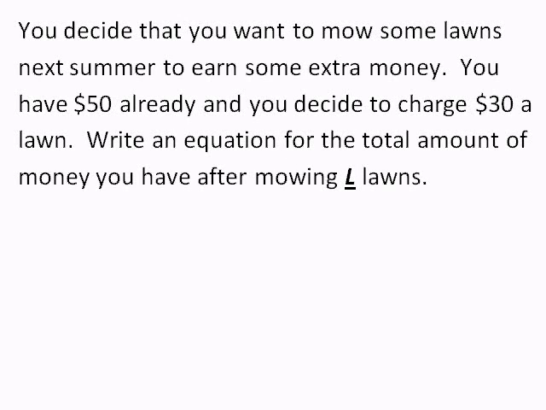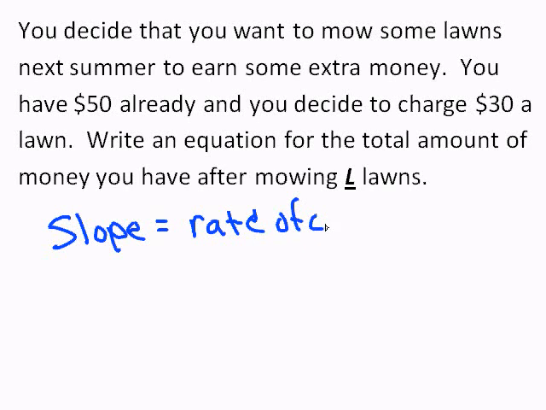Now you could work this problem without the idea of slope and y-intercept, but what we're going to do is relate the ideas of slope and y-intercept to this problem situation. Let's take a look. Slope in a problem situation will almost always be some sort of rate of change.